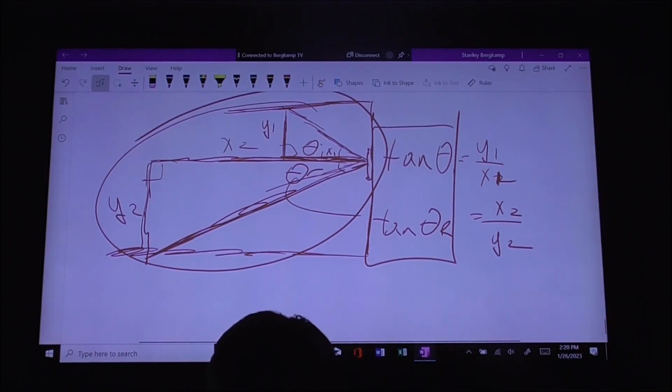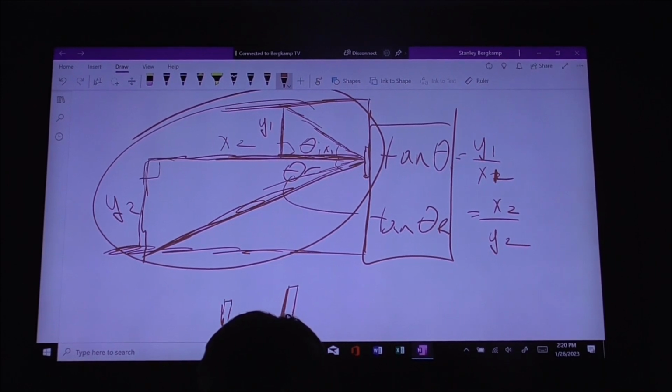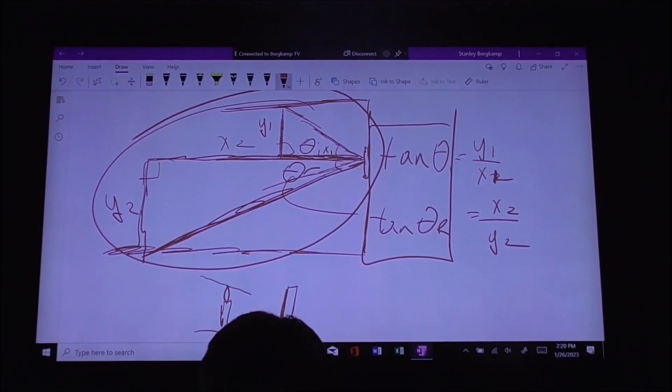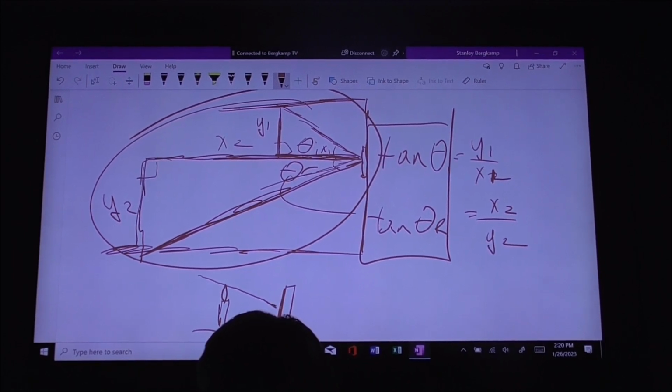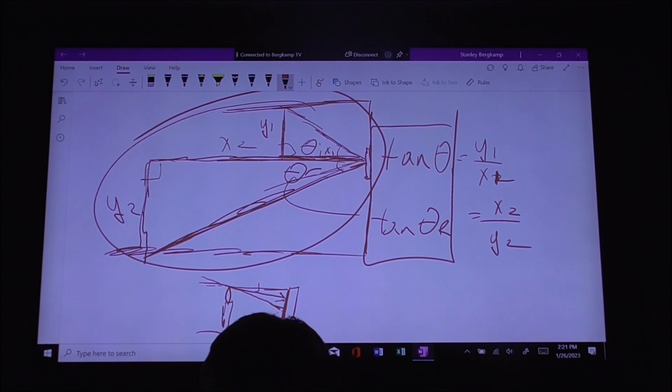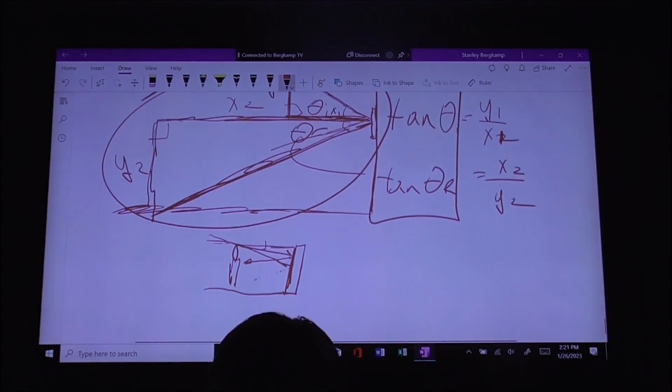Wait, come back. Can I write that down? Write that down. Wait, y1 over x1, x2 over y2? Because, look, it's tangent, so it's like, what is happening? Just hold on. Is it a candle?